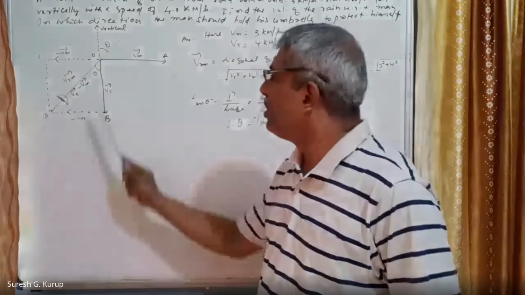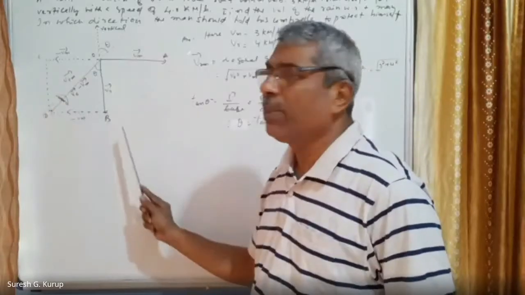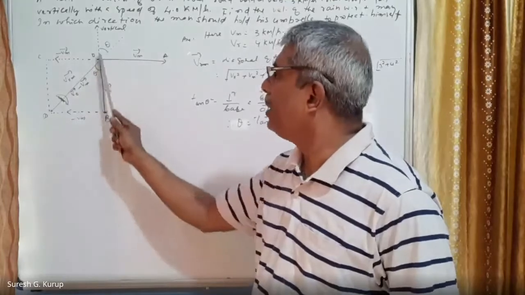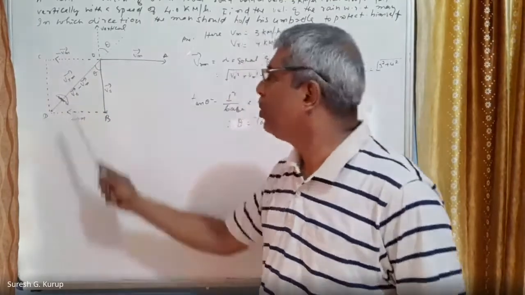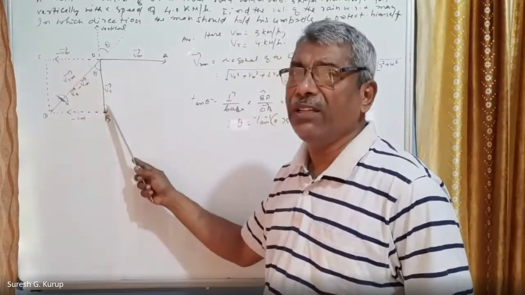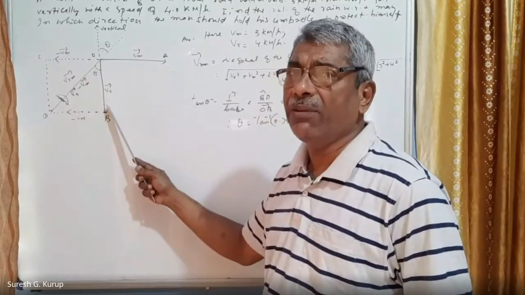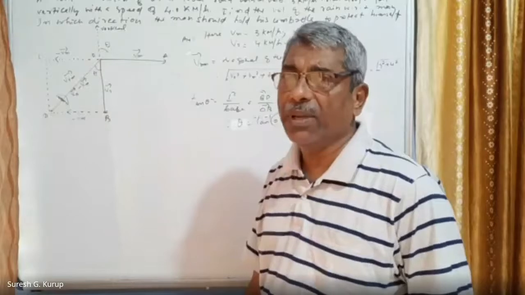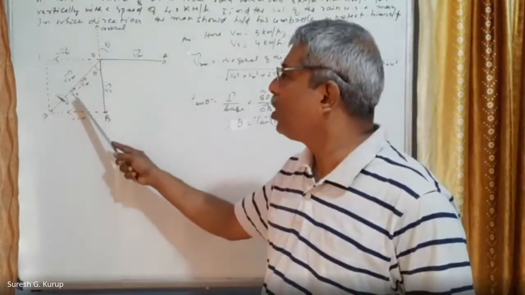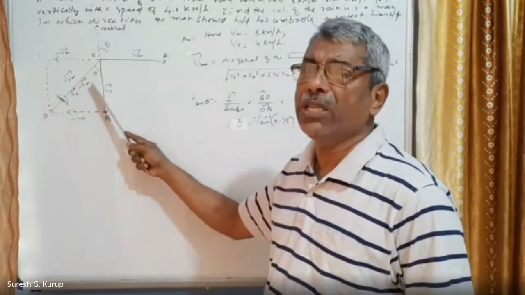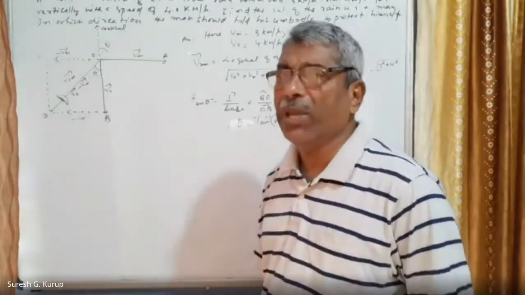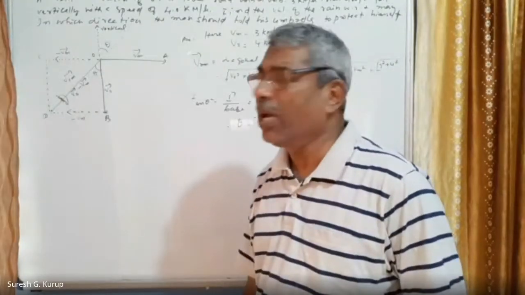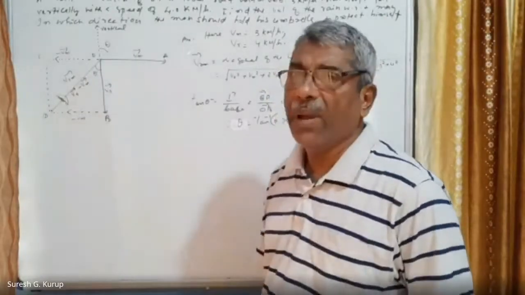So on this side you make a parallelogram with this side Vr and this side Vm. When two vectors represent the two sides of a parallelogram, the resultant of the two vectors will be the diagonal of the parallelogram. So in this case, the diagonal of the parallelogram is equal to Vr minus Vm. Understand? So Vr minus Vm can be calculated, and that is equal to VRM.